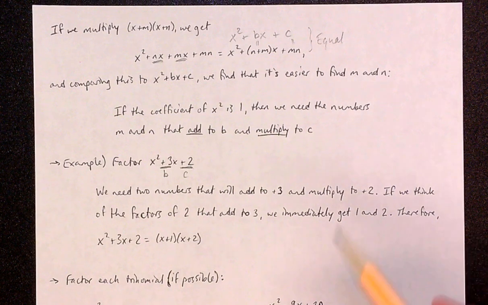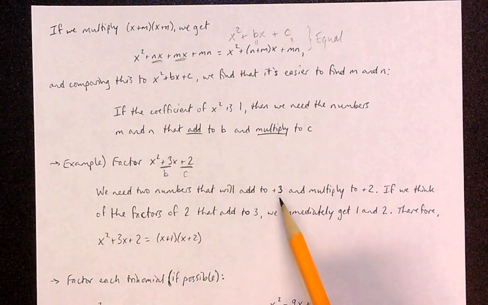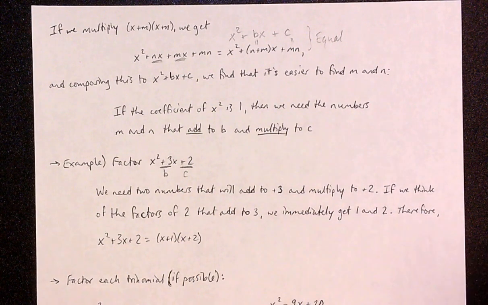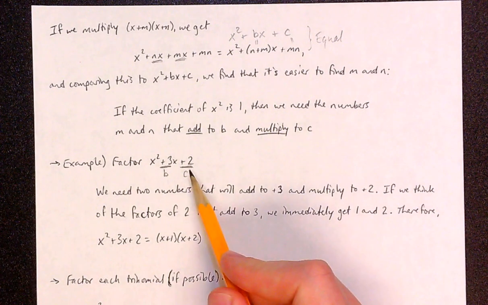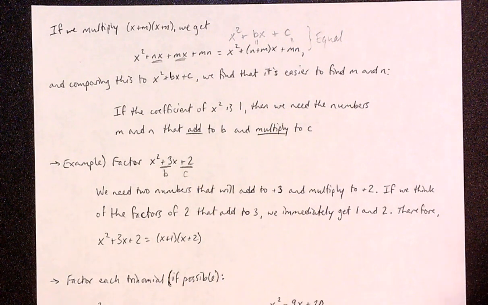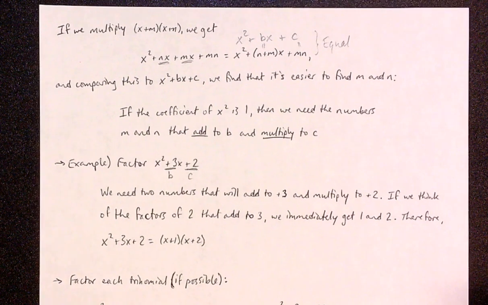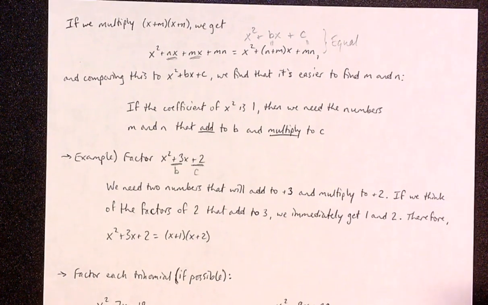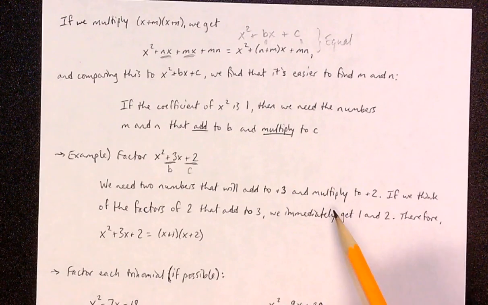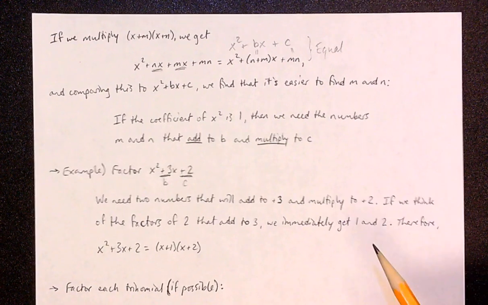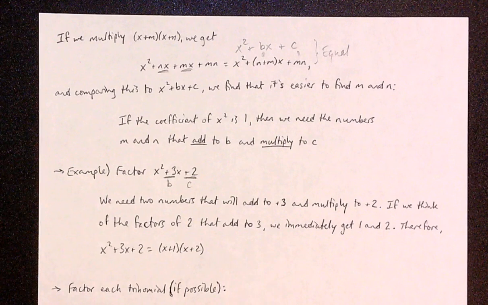So I have my b and my c value. I need to come up with two numbers that will add to my b value, that will add to positive 3, and those numbers also have to multiply to my c value. They have to multiply to positive 2. So numbers that will multiply to positive 2, we are looking at factors of 2.